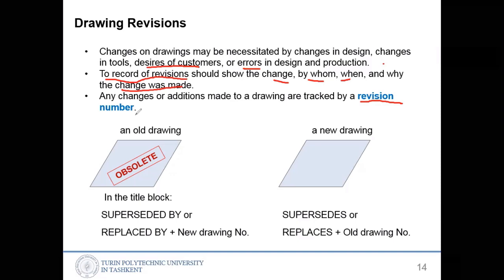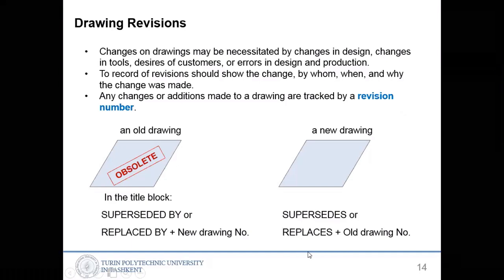Any changes or additions made to a drawing are tracked by a revision number. In industries you will have some kind of revision control, a department, some person who is controlling every revision. In the old drawing you have to write a stamp.